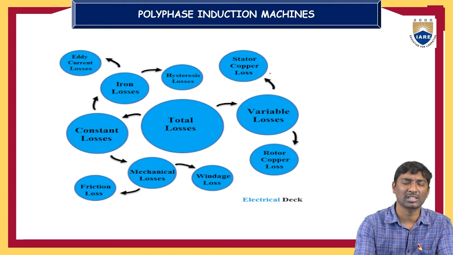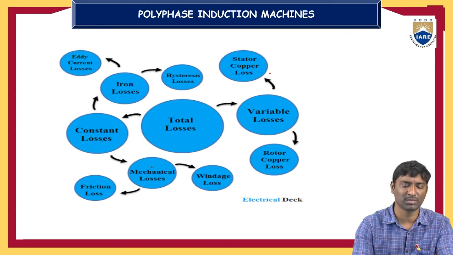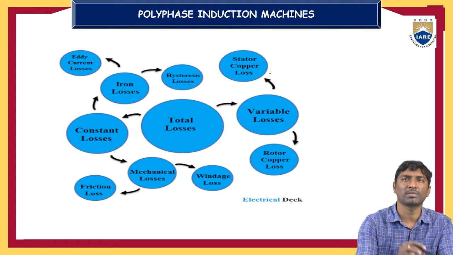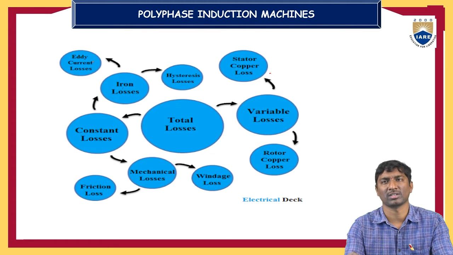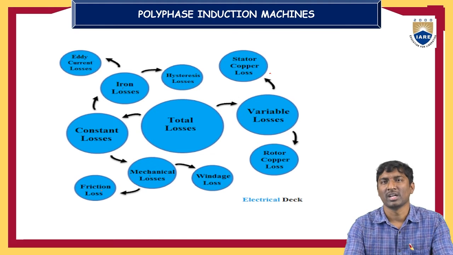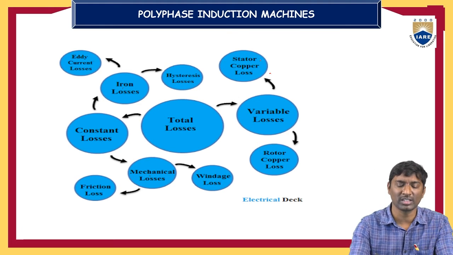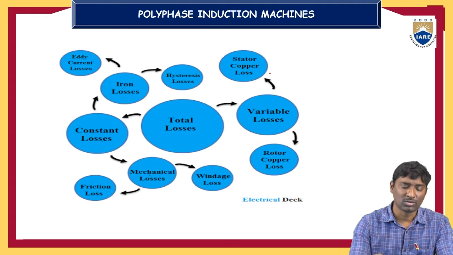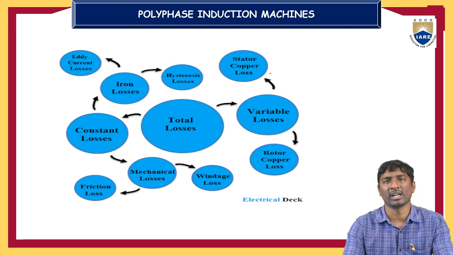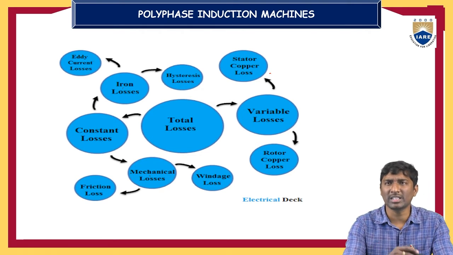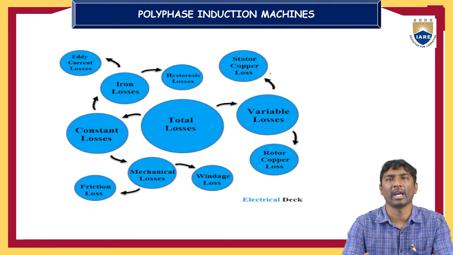Under constant losses we have the iron losses plus mechanical losses. Coming to variable losses, we have the stator copper loss and the rotor copper losses. We studied what these losses are earlier. Now depending on these losses, we have the power flow diagram in the induction machine.